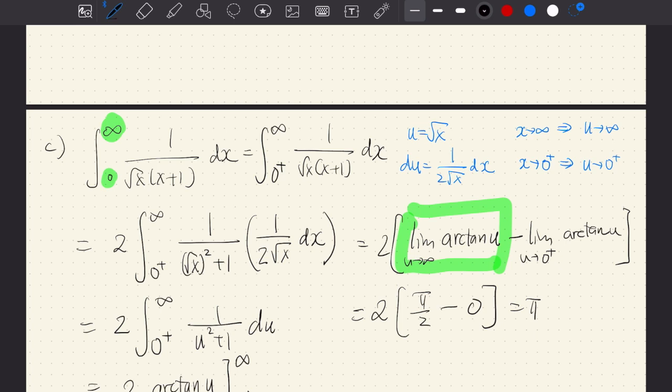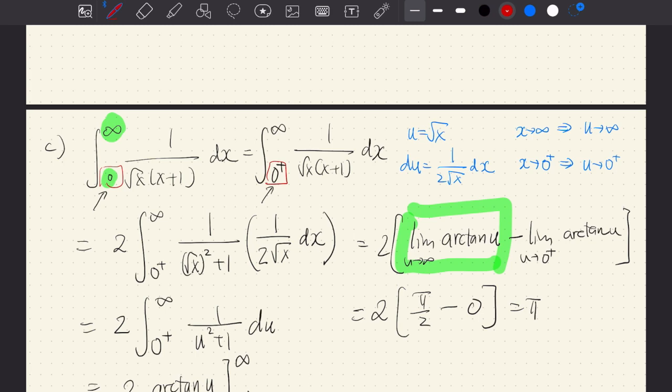And for the second, you write this 0 as 0 plus to remind you that later when you evaluate the antiderivative, you must let your variable go to 0 from the positive side.